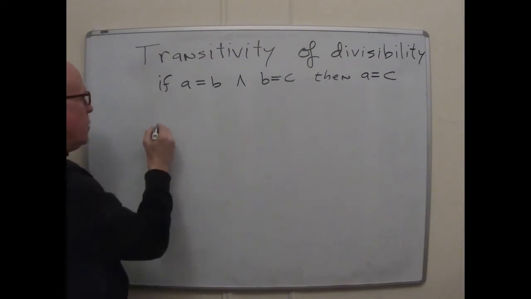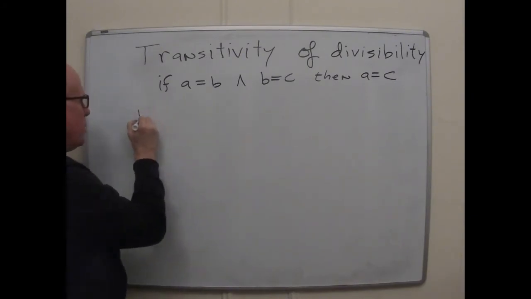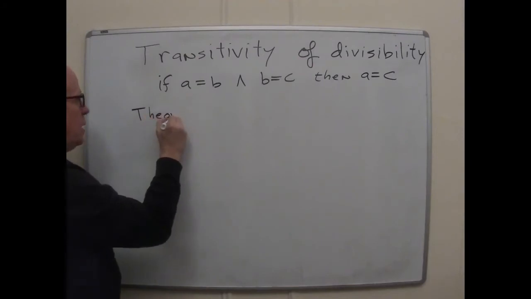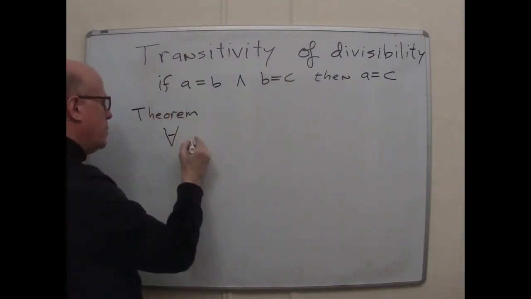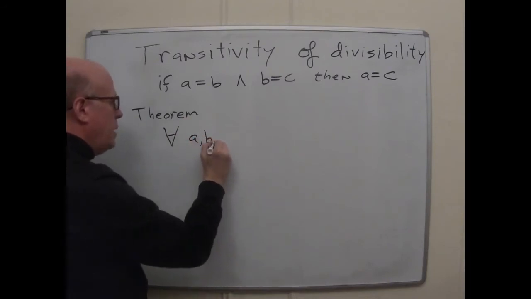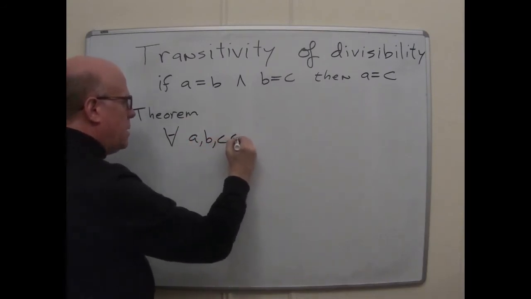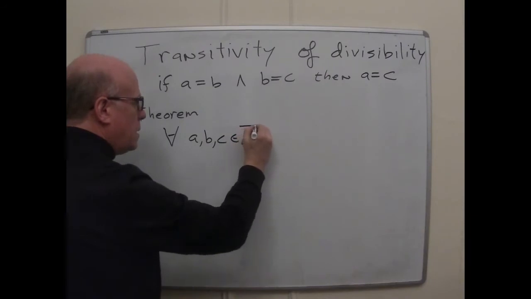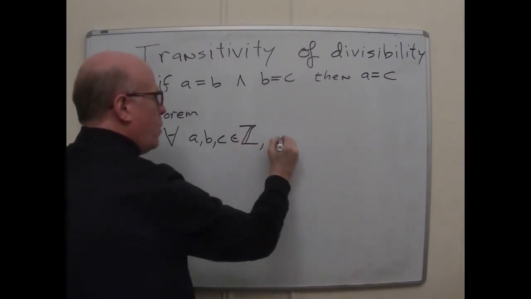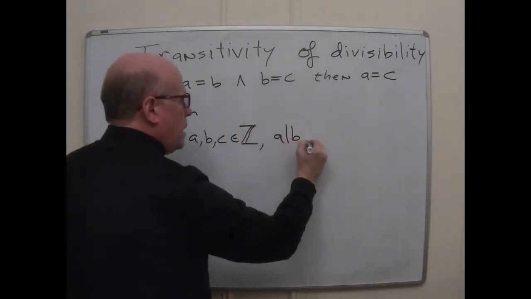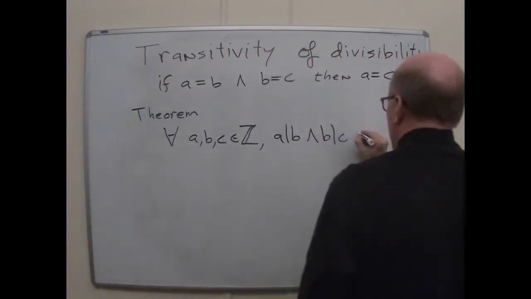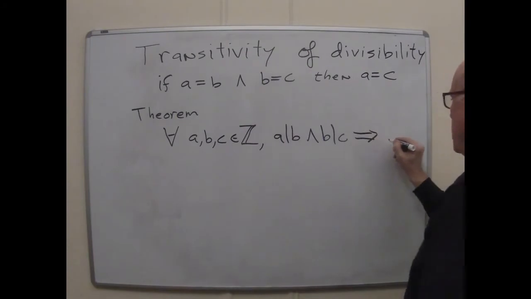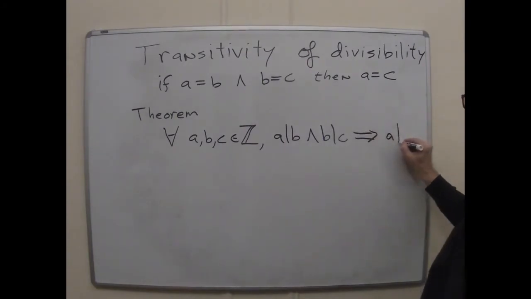So it would become this. The theorem we're going to actually prove, and it's quantified over all integers, for all A, B, and C in the integers, A divides B and B divides C, that's going to imply that A divides C.